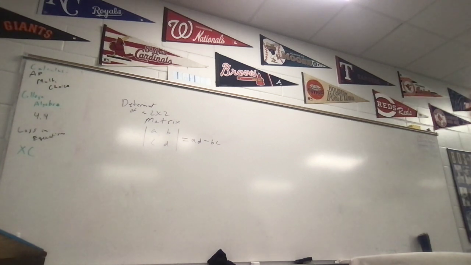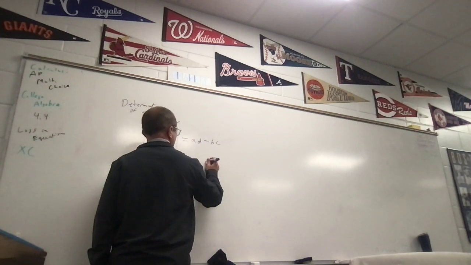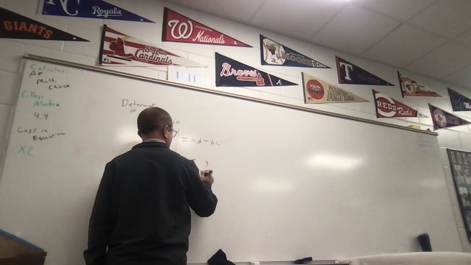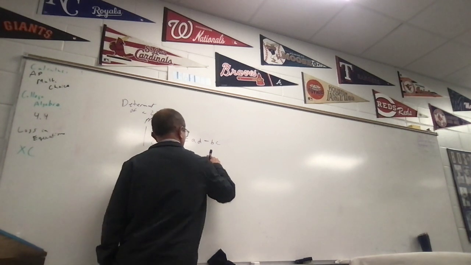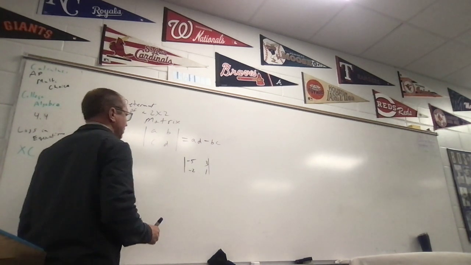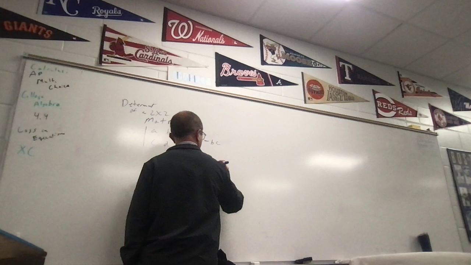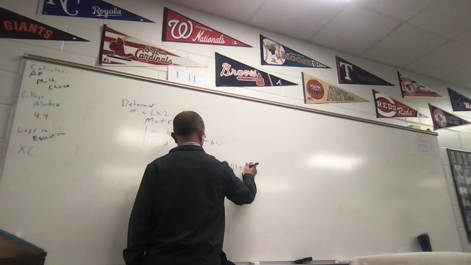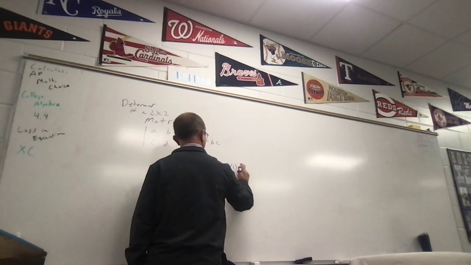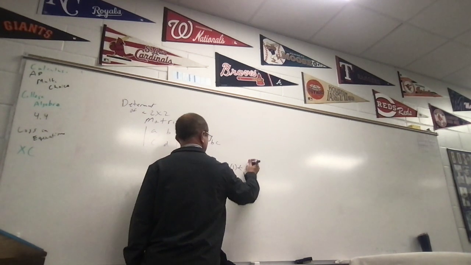So let's say we have negative 5, 3, negative 2, and 1, and we want to solve that determinant. Well, what would I do here? Negative 5 times 1, plus or minus negative 6, which is, as you said, plus 6.